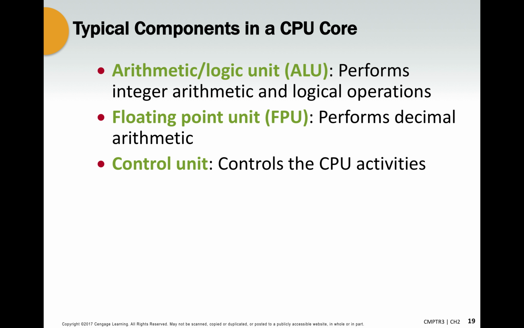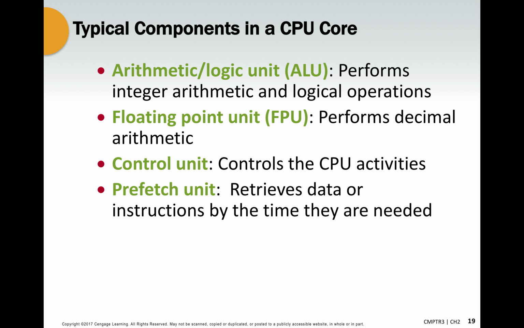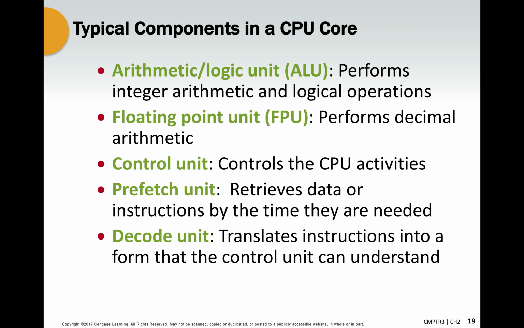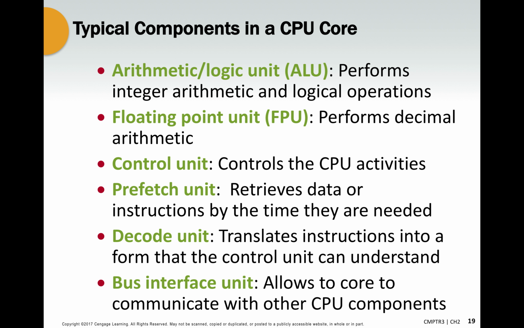Your control unit controls the CPU activities. Your prefetch unit retrieves data or instructions by the time they are needed. Your decode unit translates instructions into a form that the control unit can understand. Finally, your bus interface unit allows the core to communicate with the other CPU units.